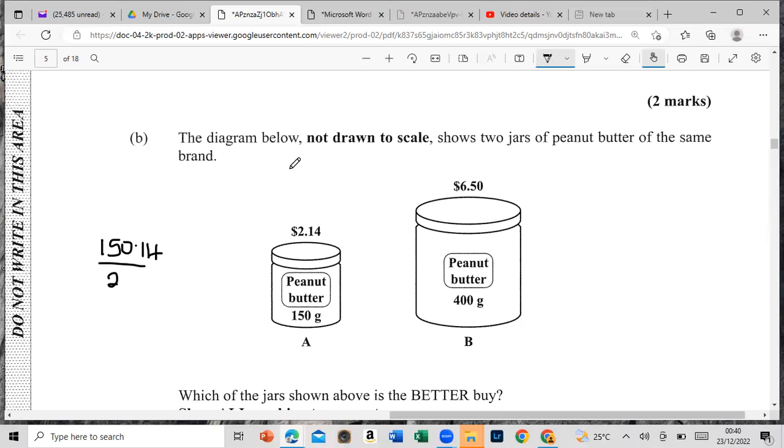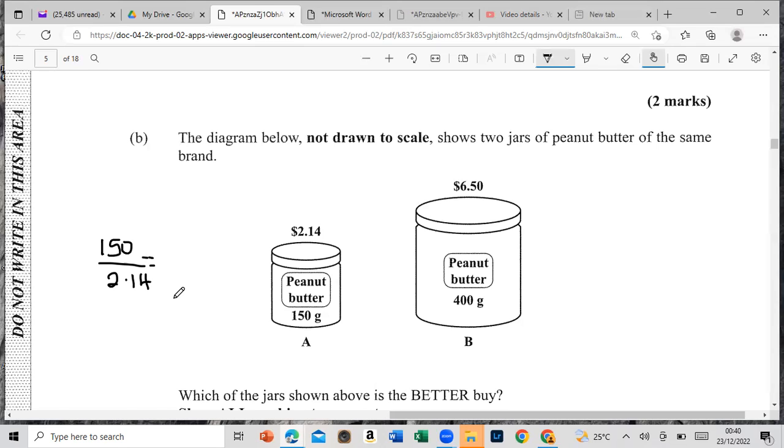I was looking at the 2. All right, so it will be 2.14. Again, guys, you're going to use a calculator, punch it in, tell me what you get. So it's 150 divided by 2.14.